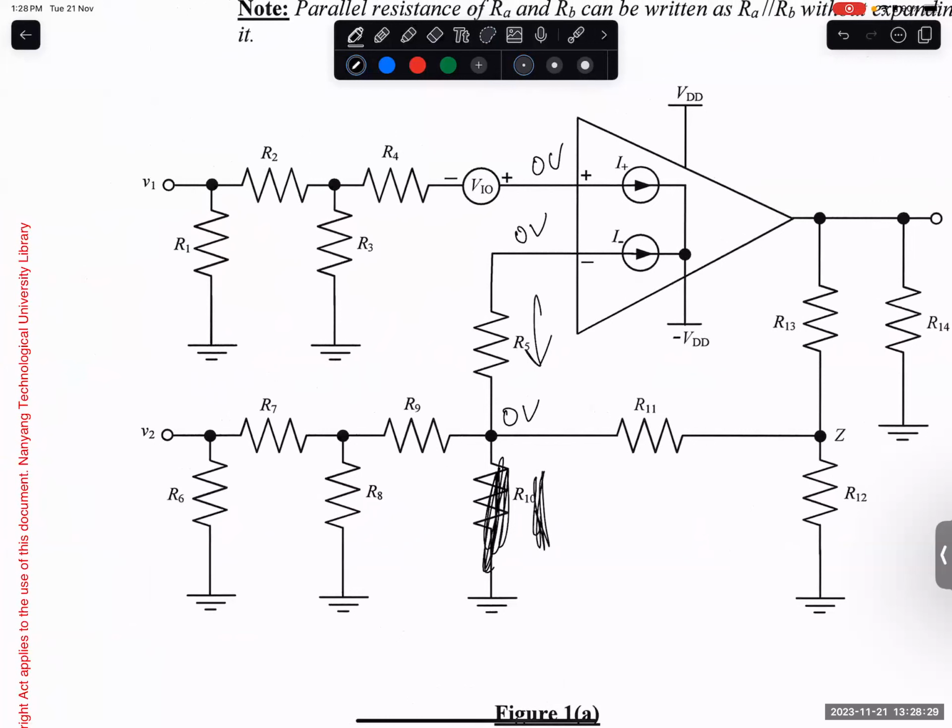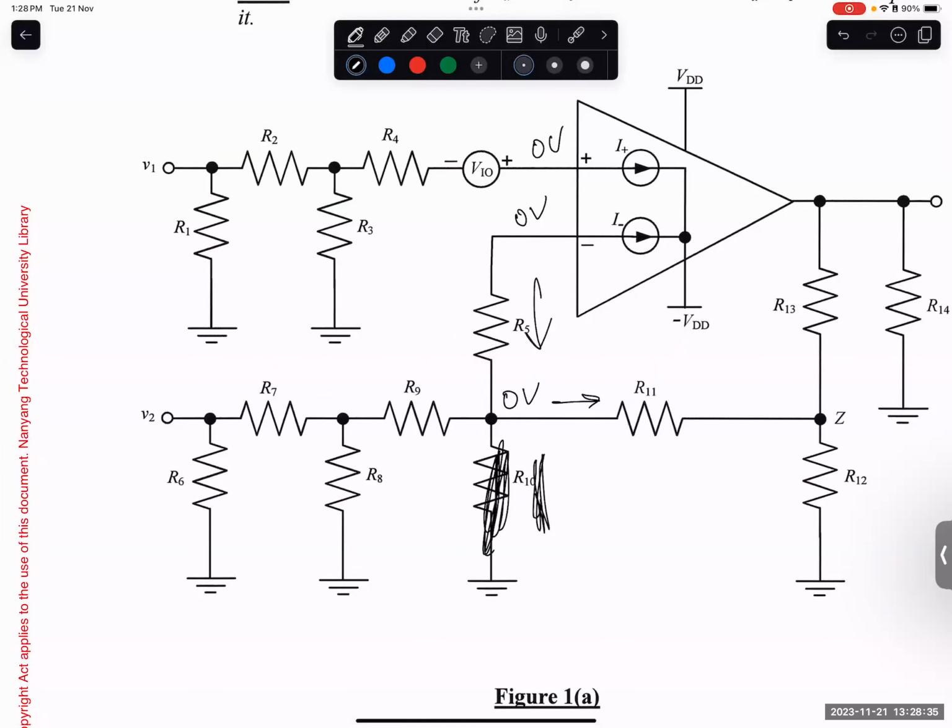Now we just need to see what is the current going into here. How to find that? We need to do some current divider, right? Because current goes through here, splits, goes down here. But actually you can ignore this one because the voltage here is still the same as here, so we can ignore R6.